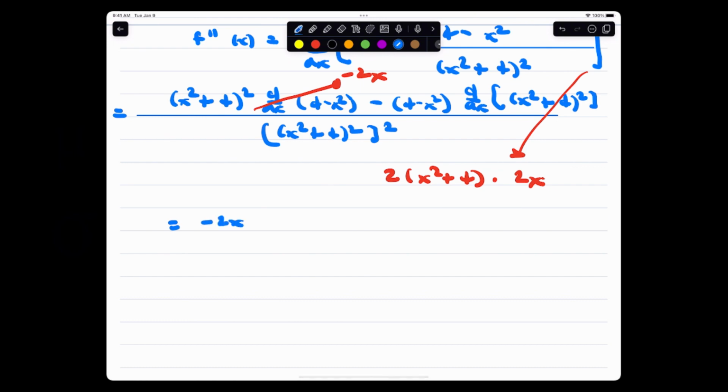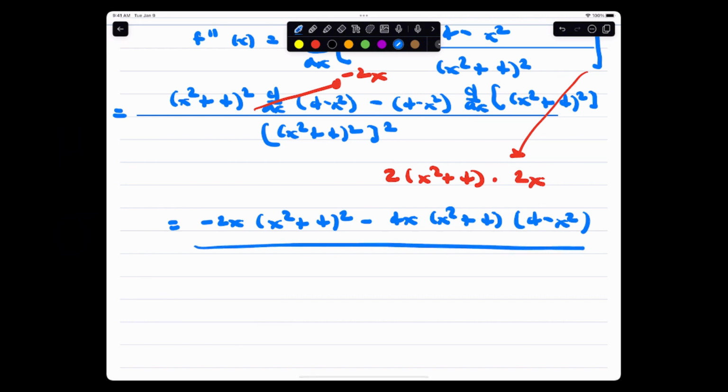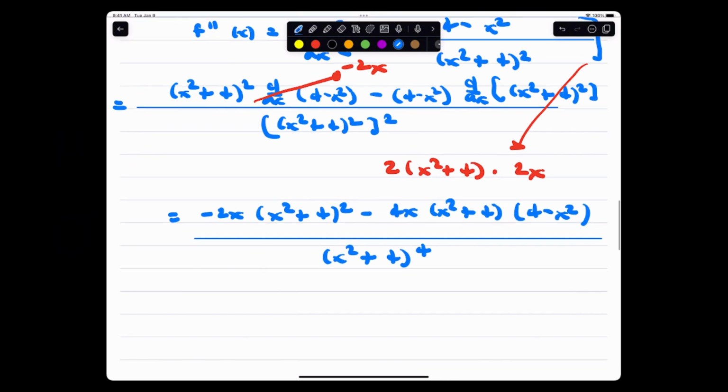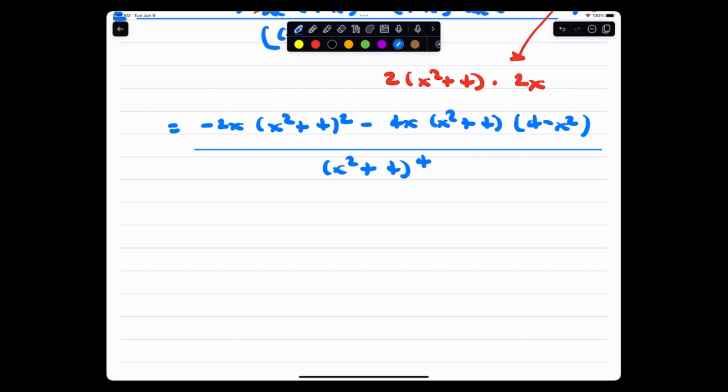That's going to be negative 2x times (x squared plus 4) squared, minus 2 times 4x times (x squared plus 4) times (4 minus x squared), over (x squared plus 4) to the 4th power. All right, you guys okay with that?